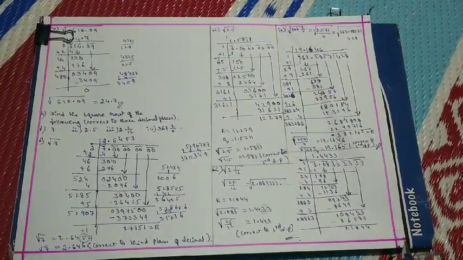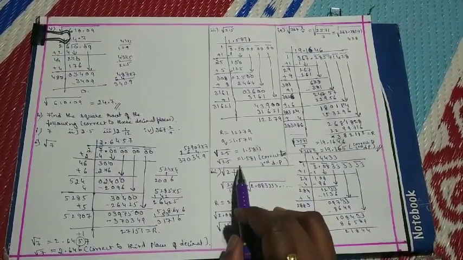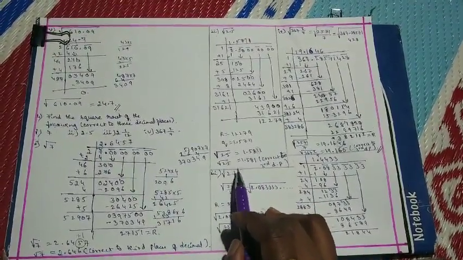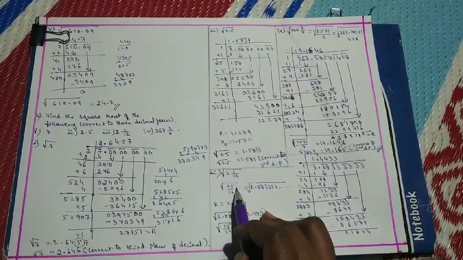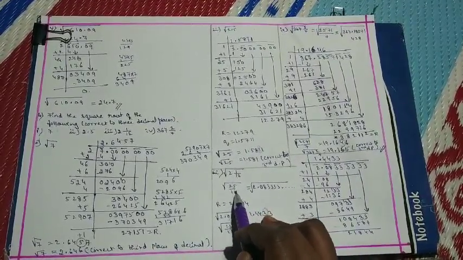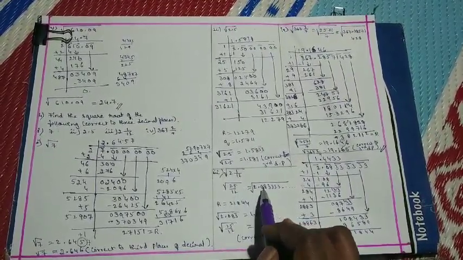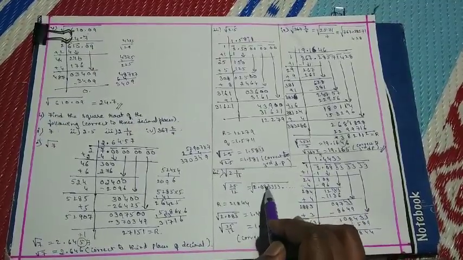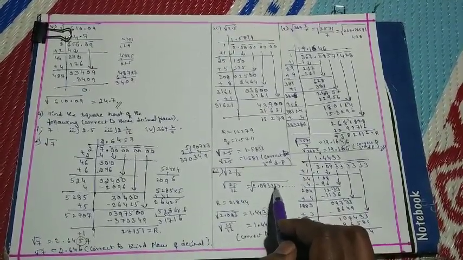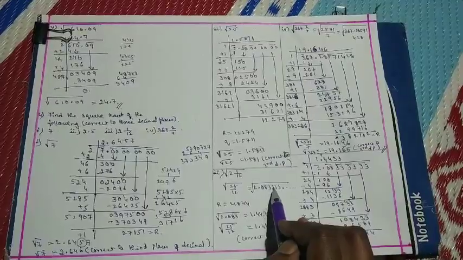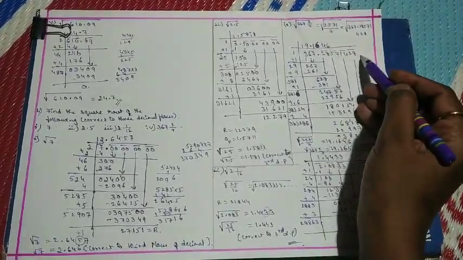So the point to be remembered, children: if the given number is a mixed fraction, convert the mixed fraction into an improper fraction. After converting into an improper fraction, convert into a decimal number. In the decimal number, you will get a repeating number, with one digit or several digits repeating.